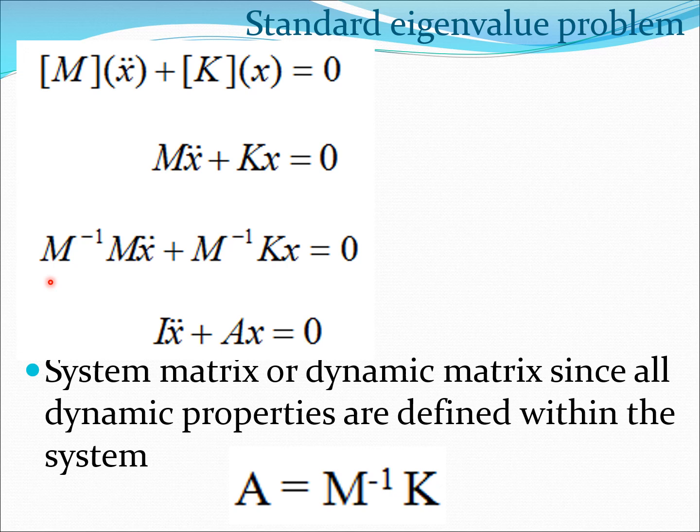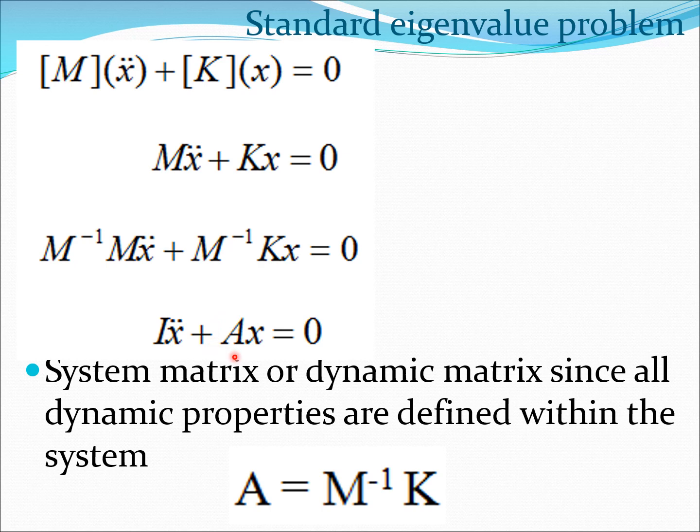And so if I pre-multiply this matrix by inverse of M, I get this matrix here, this simple equation. Now this equation, if you look at it closely, is in the form x double dot is minus A x. So this particular matrix A, this is a very interesting matrix.